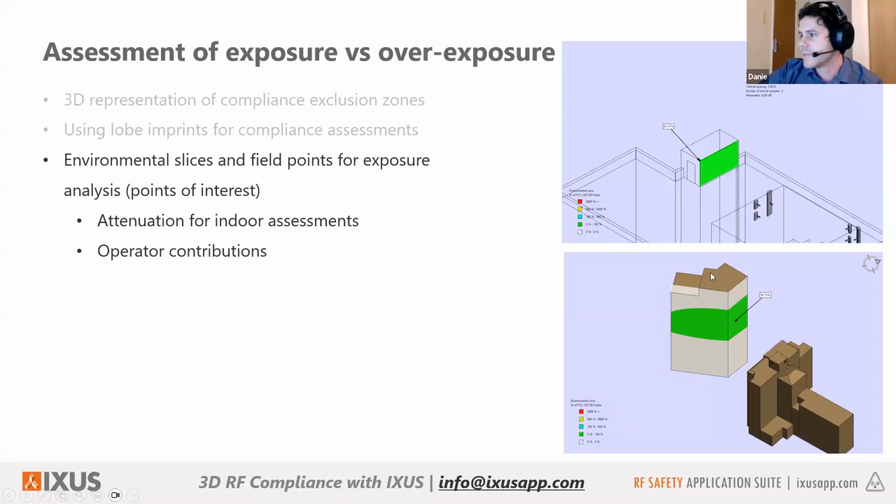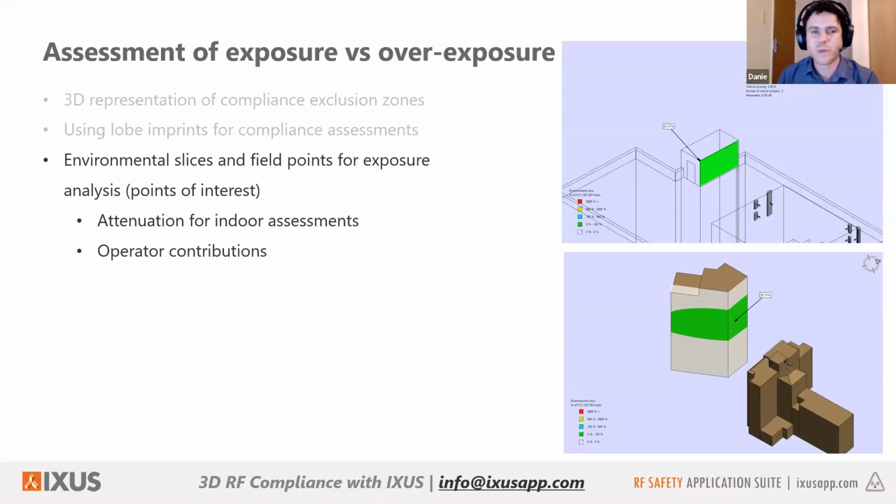Additionally, let's say there's a large neighboring building. Typically when you have an assessment like this, you often get members of the public that might be concerned about these antennas that are located just across the road. And typically in those cases, when you tell these people that yes, this site is compliant, that's not going to be a good enough answer for them.